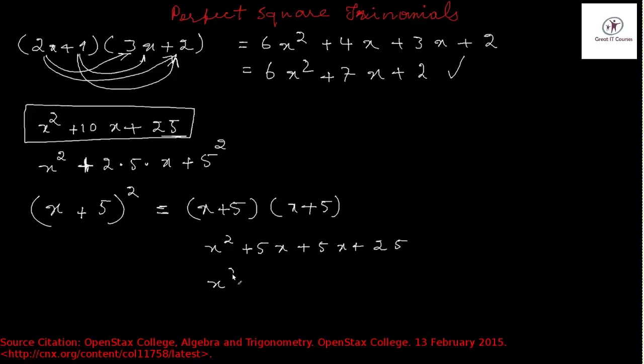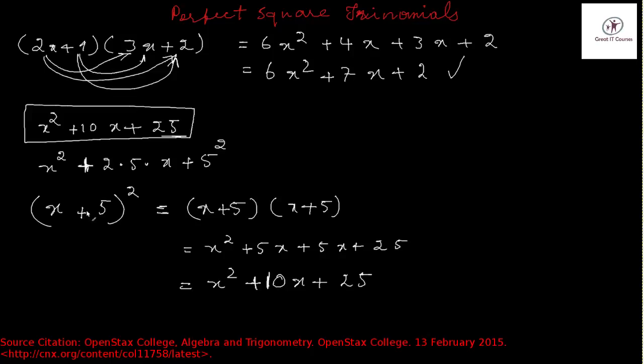And so this is x squared plus 10x plus 25. As you can see, you have the same thing over here. And when you see this kind of trinomial, you can realize that this was originally x plus 5 whole squared, and the result basically then became this one that you had over here.